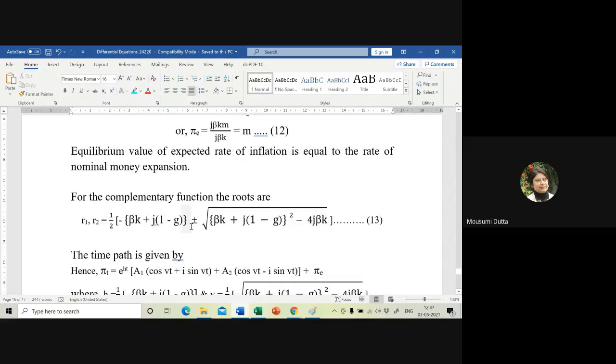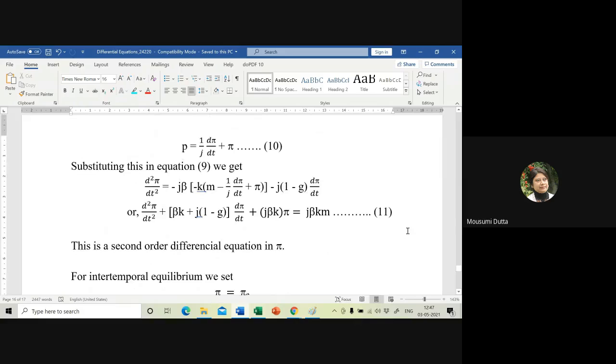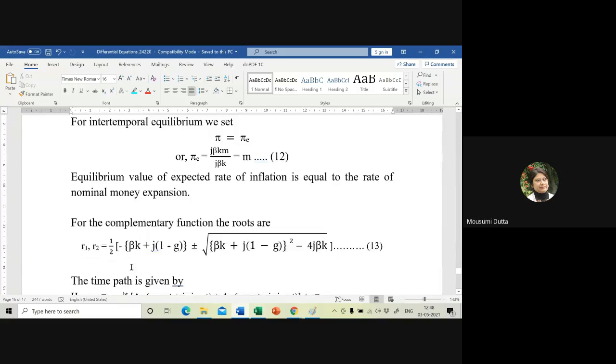Okay, so for the complementary function, the roots, you have to look at this equation. If you like, you can write the underlying quadratic equation. However, directly from this equation, if we understand the fact that the underlying characteristic equation is here, we can directly write down the value of the roots for the homogeneous form, following the principle minus b plus minus root over b square minus 4ac by 2a.